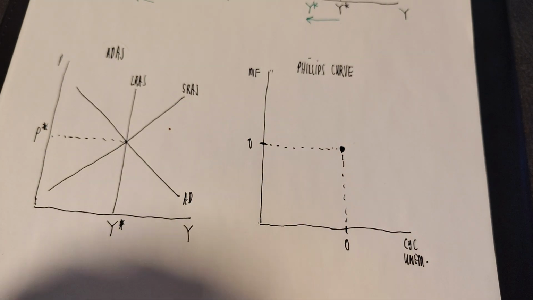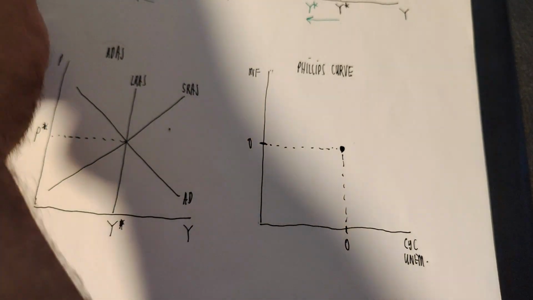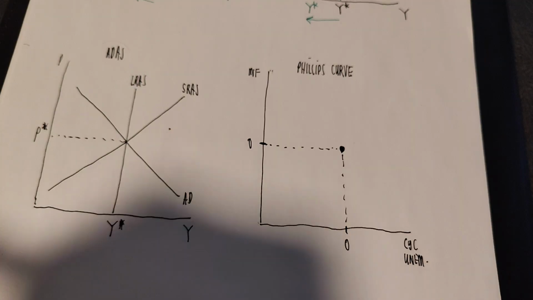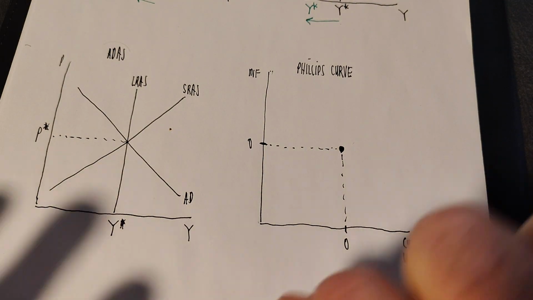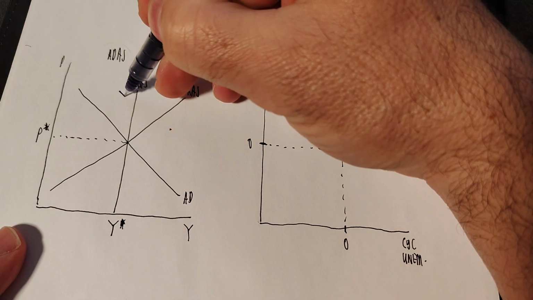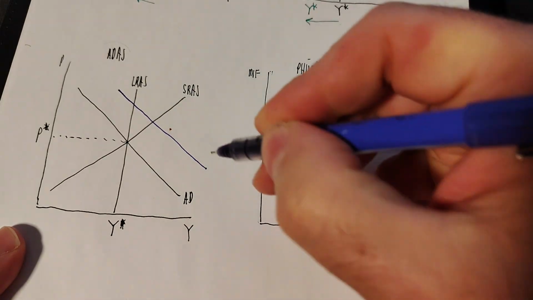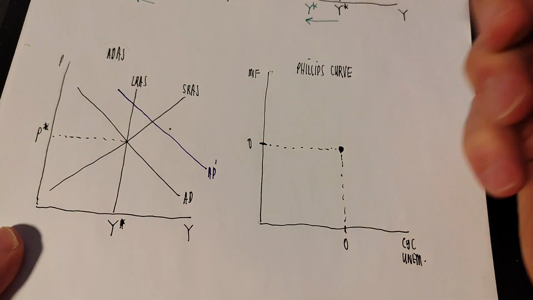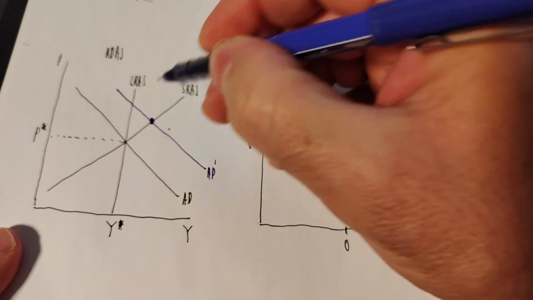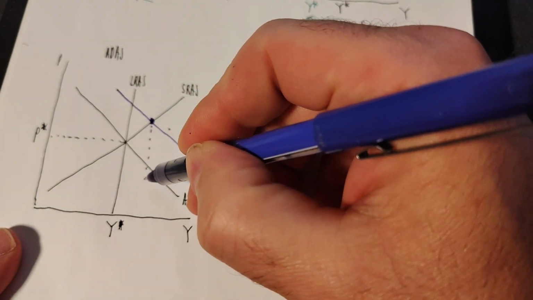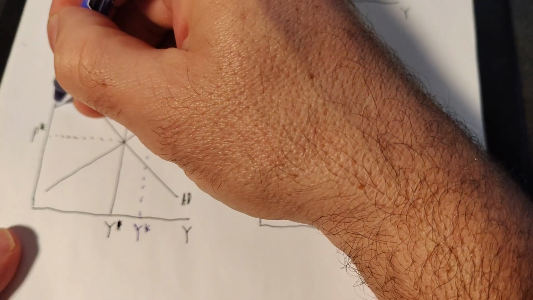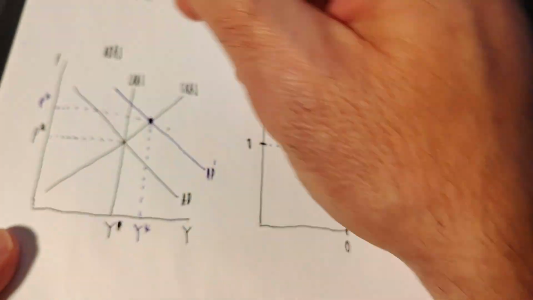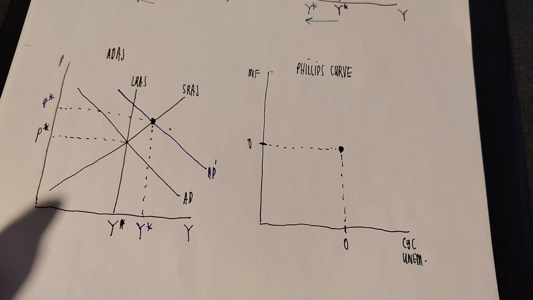All right, so let's go ahead and start shifting that aggregate demand curve a little bit. So let's say we shift it over here to the right. And we end up with a level of output way up there, Y star, P star. Okay.